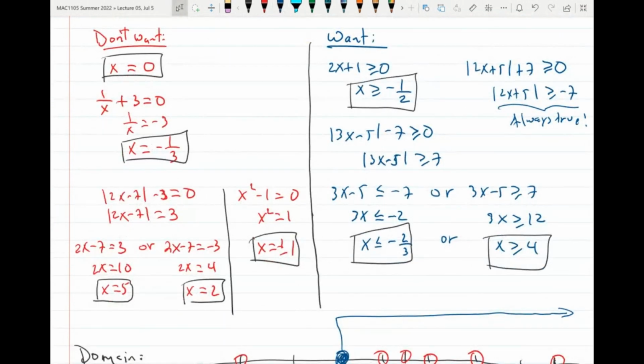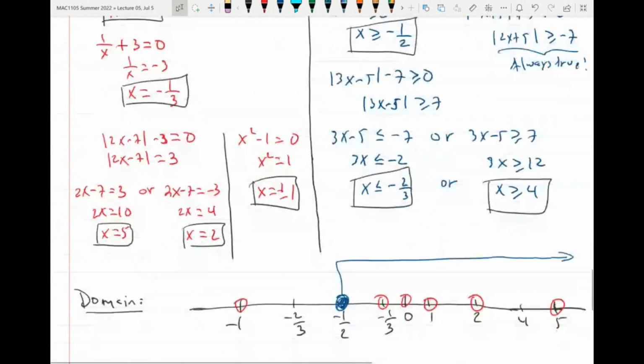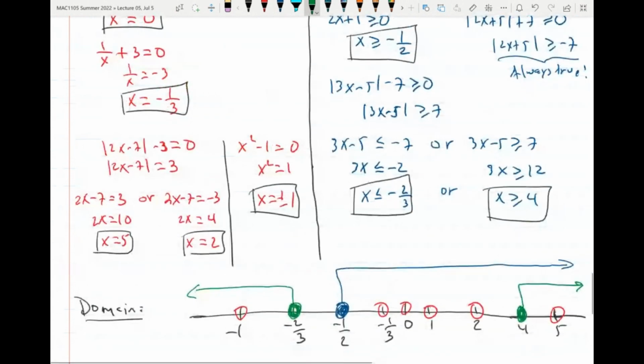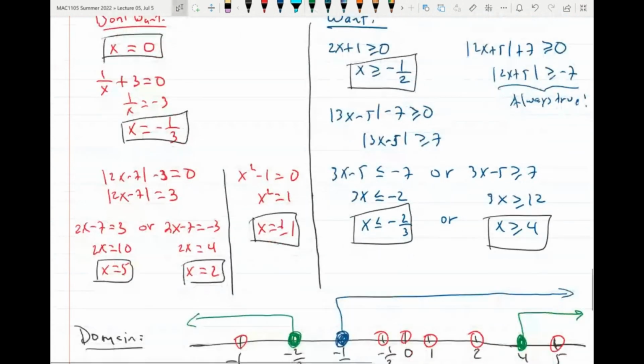Then this one is telling me that x has to be less than or equal to -2/3, let me use another color for that, or greater than or equal to 4. Yes? That's what that told me. And that's it. We don't have anything else.